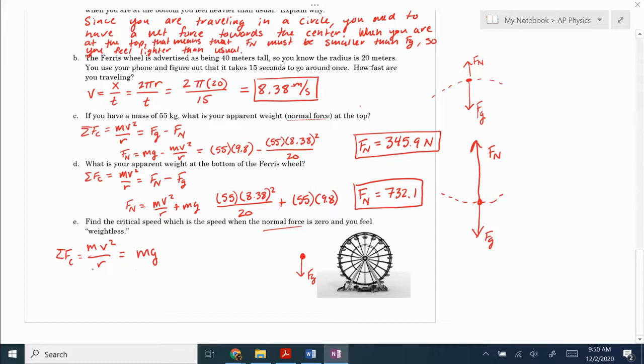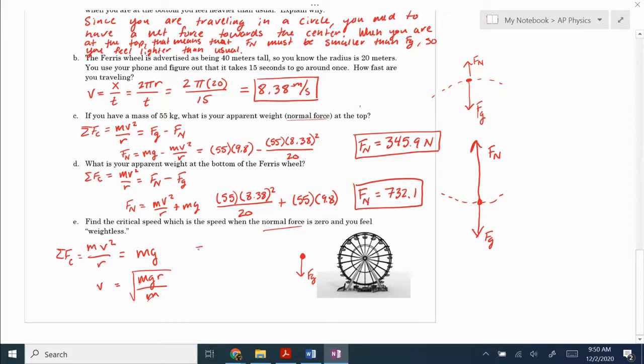So then we can solve it. You multiply by r and divide by m: v squared equals mgr over m, square root. The m's would cancel.